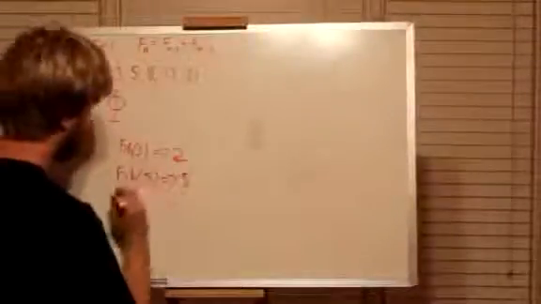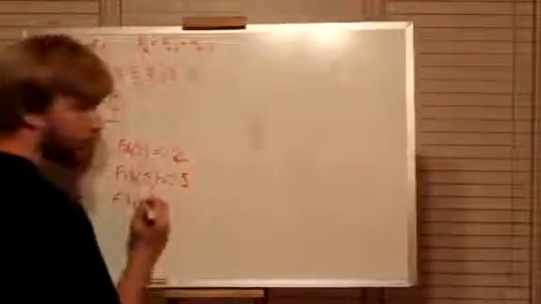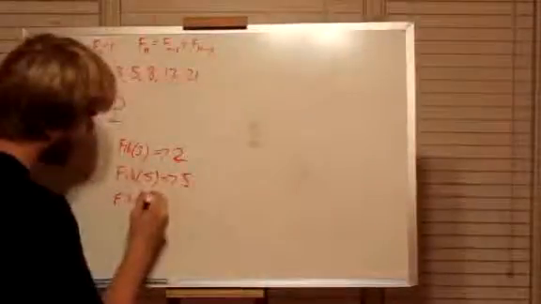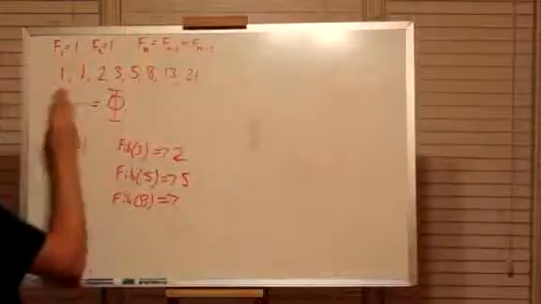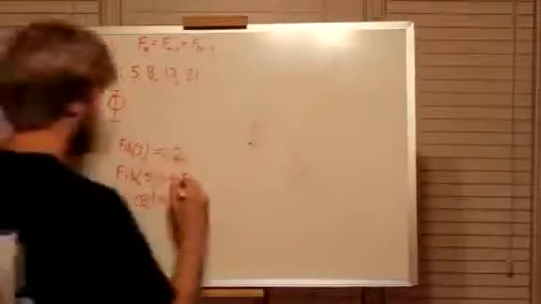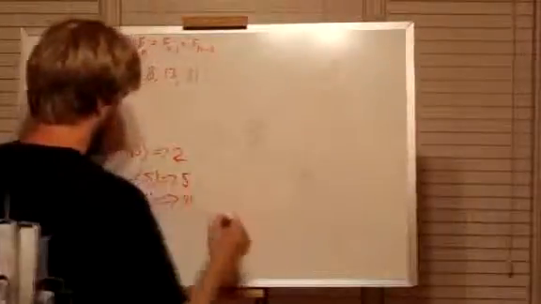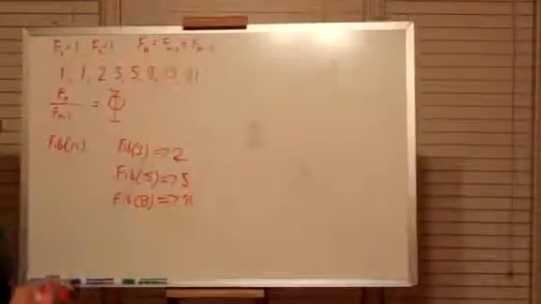And then one more: fib 8 should give us 1, 2, 3, 4, 5, 6, 7, 8, which is 21.